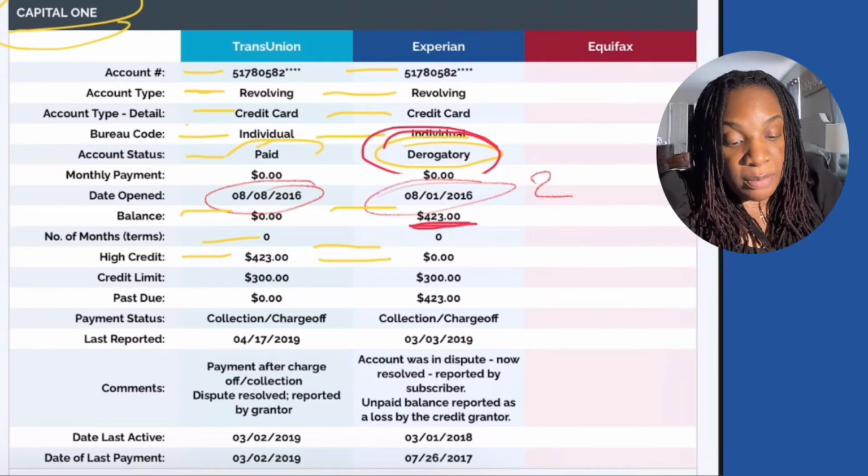The high credit balance. Okay, so high credit balance on a credit report, and this is just FYI in case you didn't know.